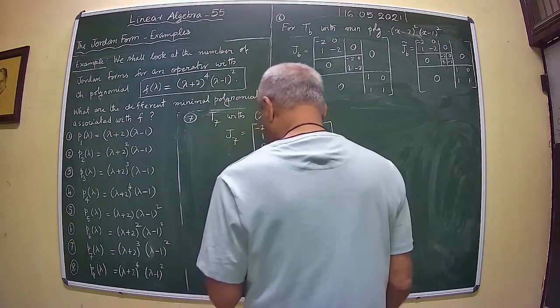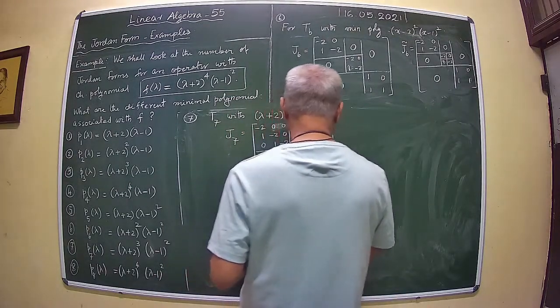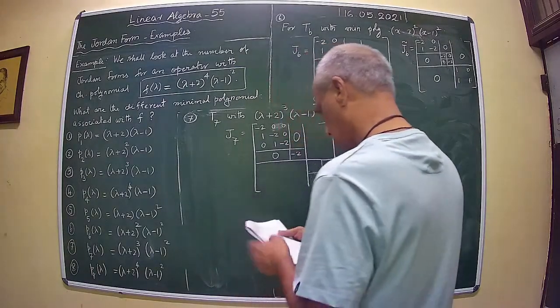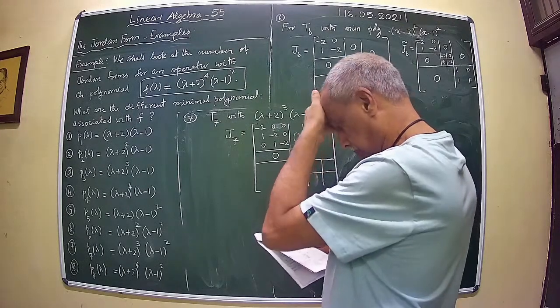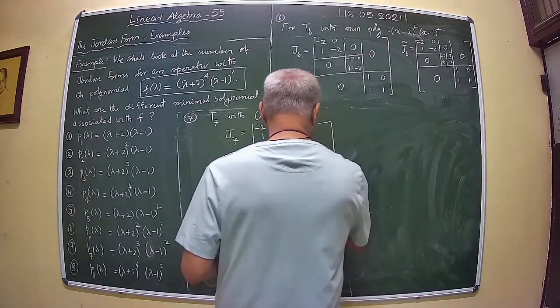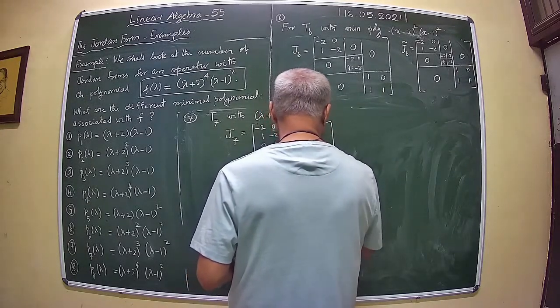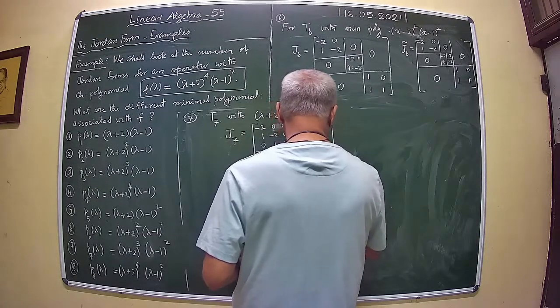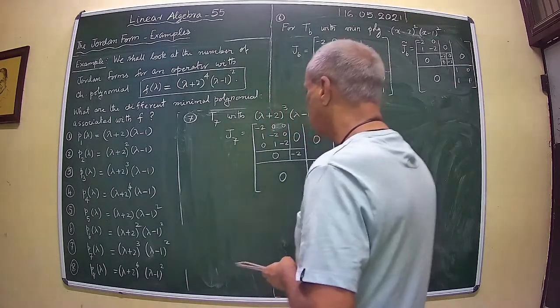And here you have one, 0, 1, 1. This is for this.